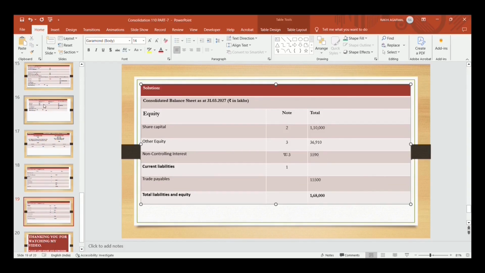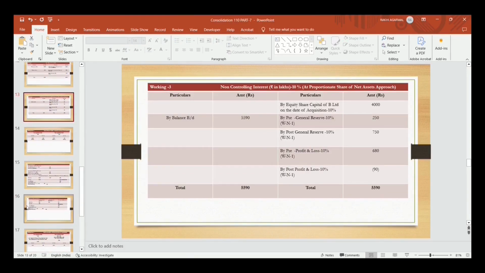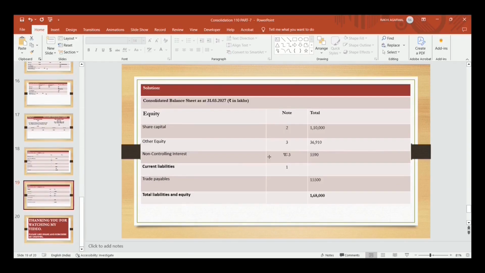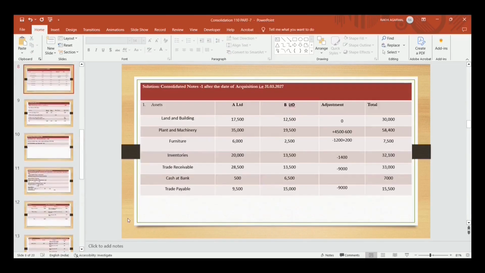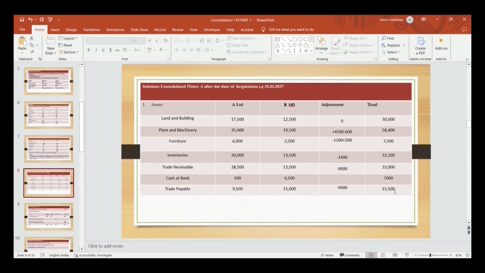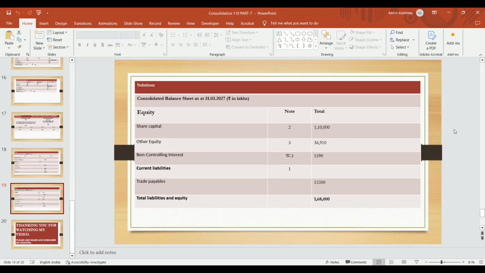Non-controlling interest becomes 5,590. Trade payables become 15,500. Total liability and equity becomes 1,68,000.